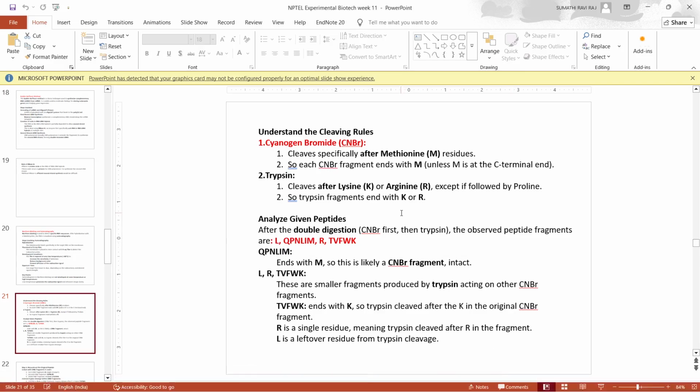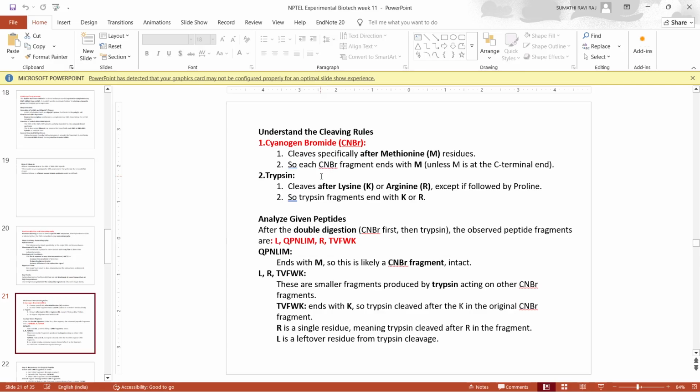Yeah, so basically we know where trypsin cleaves and where cyanogen bromide cleaves. So whatever fragment has methionine at the end, you can know that its cleavage is because of cyanogen bromide. And lysine and arginine are basic, so trypsin cleaves them.